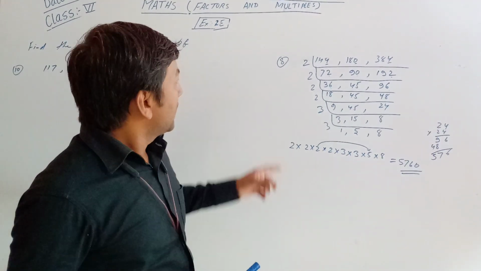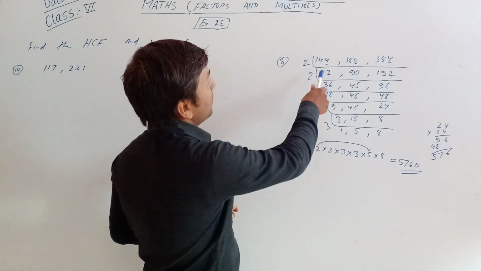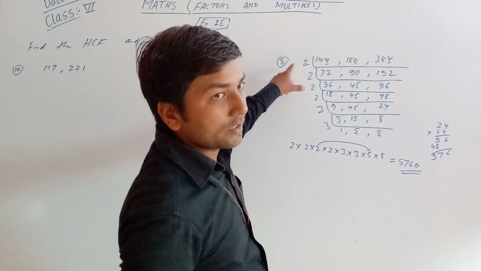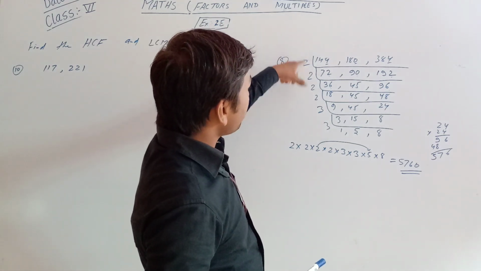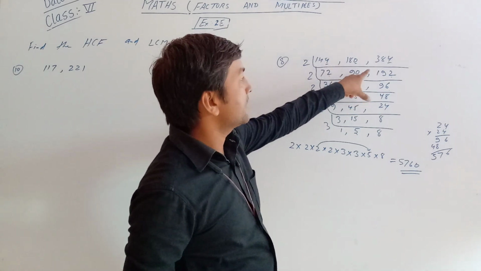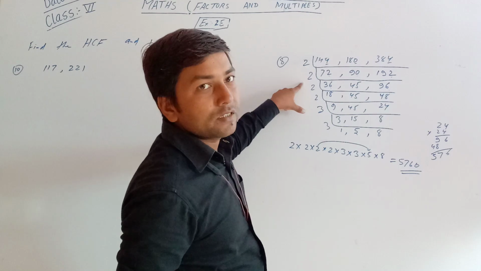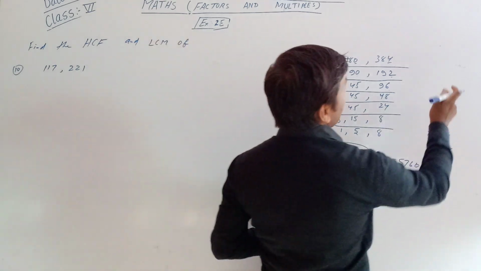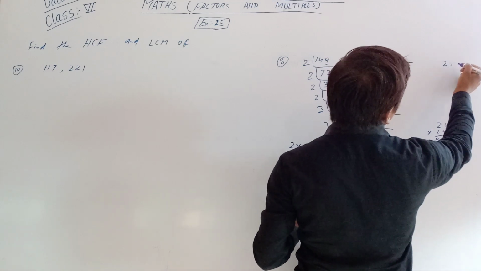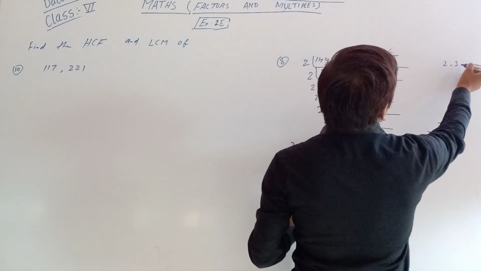Number 8, I have taken the LCM of 144, 180, 384. Okay, we first divide with 2, we got 72, and here 90 and 192, and by 2 again. The process is you have to divide with the smaller number: first 2, then if 2 doesn't work, then 3, then 4 or 5, and so on.